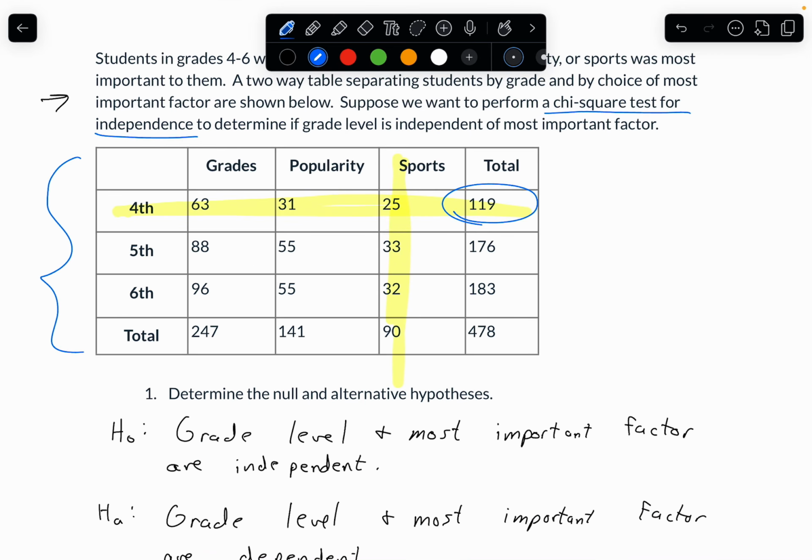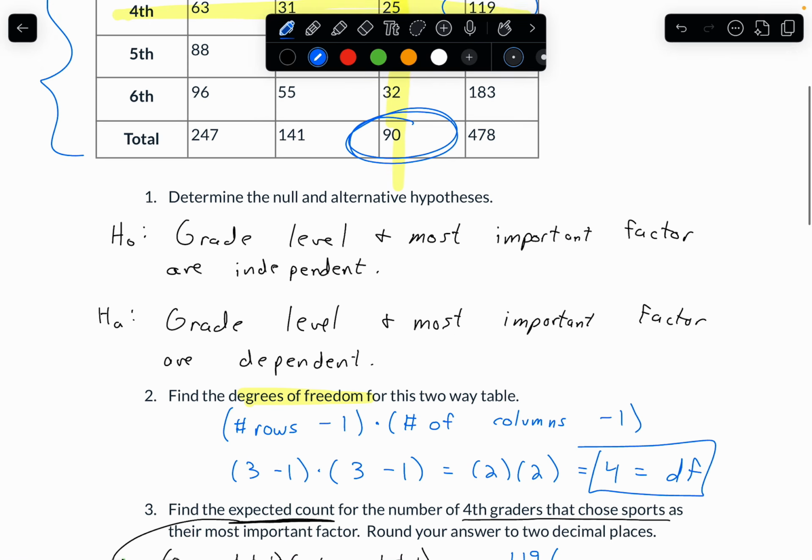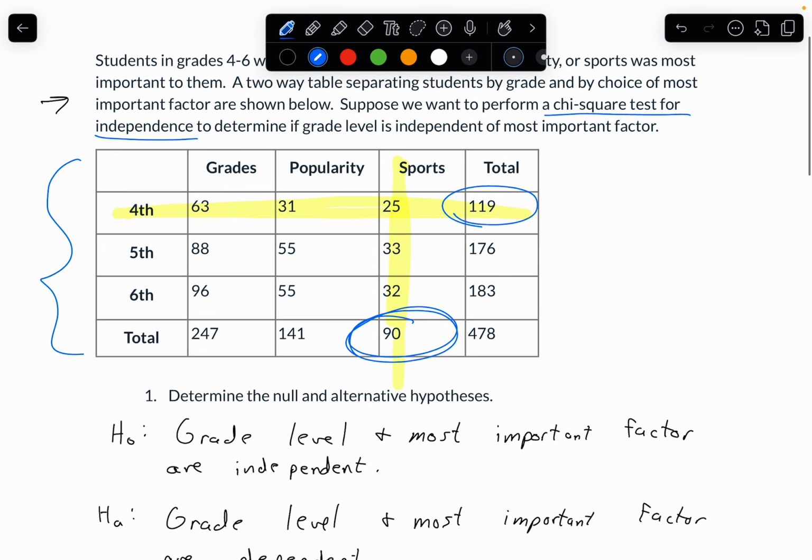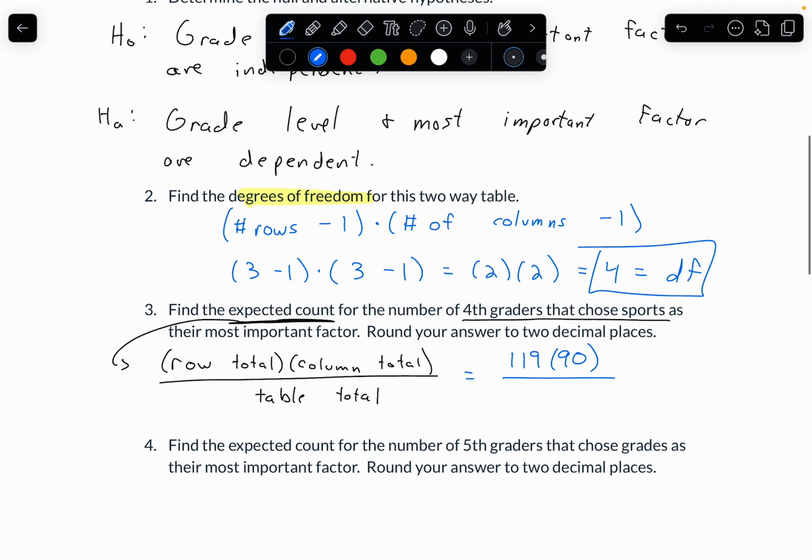If I go back and look up here, my column total was 90. That was the total number of folks that said that sports was their most important factor. So 119 times 90, divided by my table total. This is just the total number of responses that I have in my survey. So in this case, divided by 478.